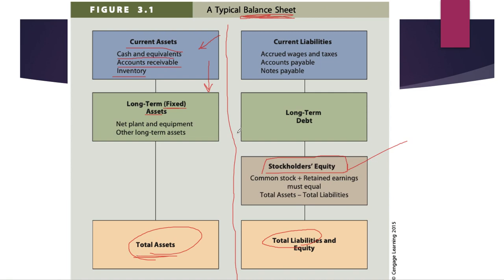On the liabilities side, we have the accrued wages and taxes. These are quite immediate payments, like every month the company needs to pay the wages. So these are very short-term claims. And then we have accounts payable, notes payable, again short-term claims.